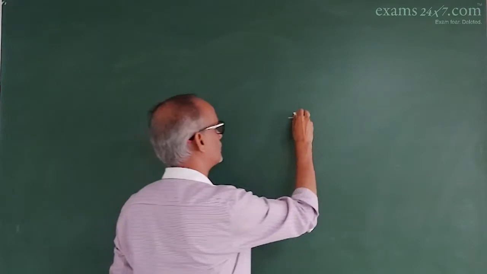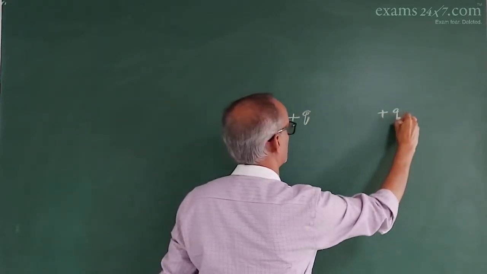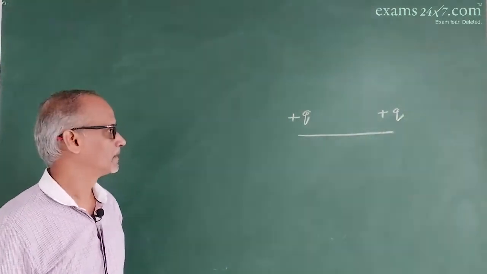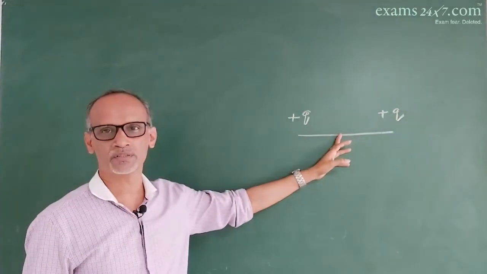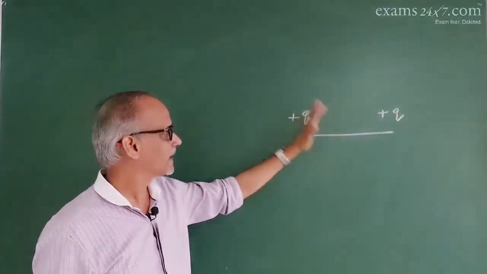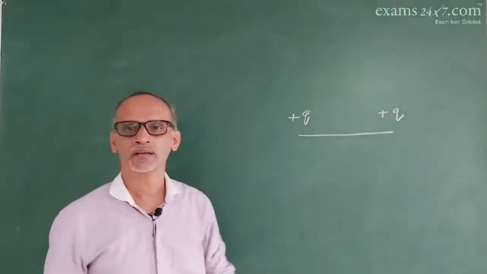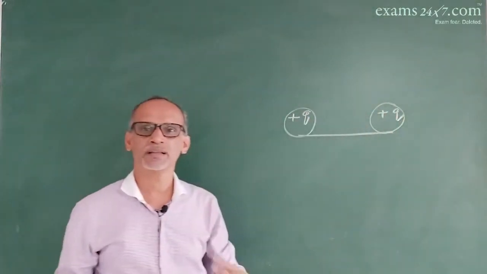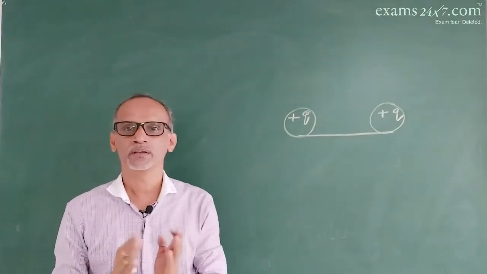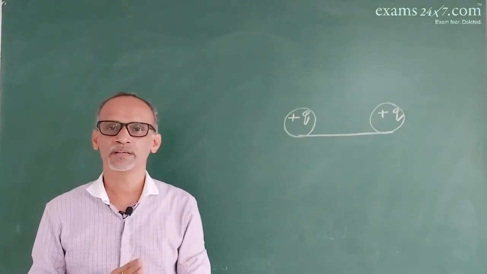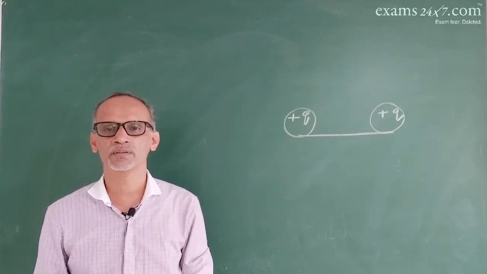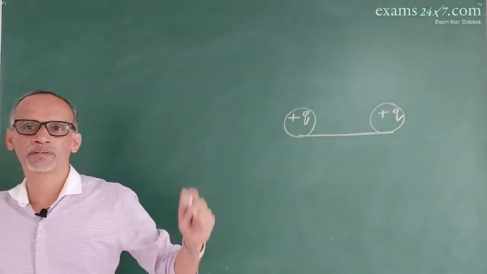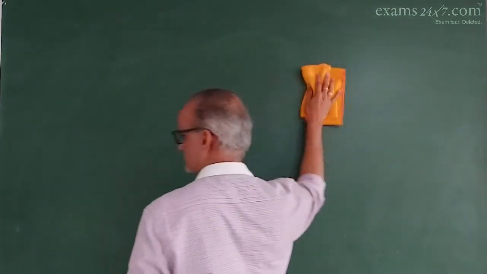If I take two like charges of equal or unequal magnitude, and now if you try to find the point of 0 potential, we don't get anywhere around the charges or on the line, because potential due to the positive charge and the potential due to the other positive charge will get added up, so it cannot be 0. Which means point of 0 potential is possible only between two unlike charges, not between two like charges.